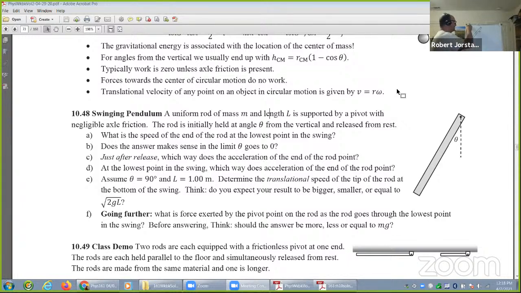Theta. 10.48. We're given mass and length L and theta and released from rest.